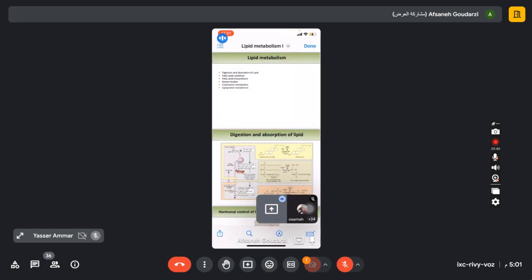Okay, so the next lecture, in this session and probably the next session as well, we will talk about lipid metabolism.